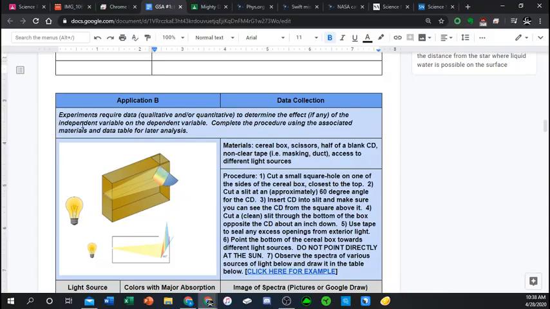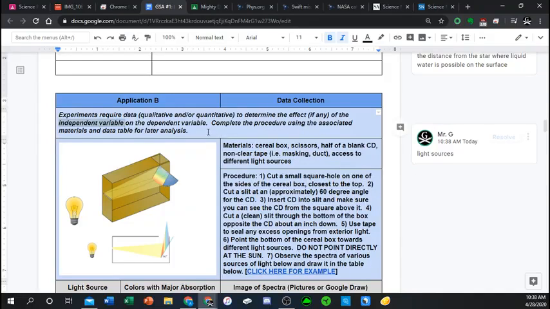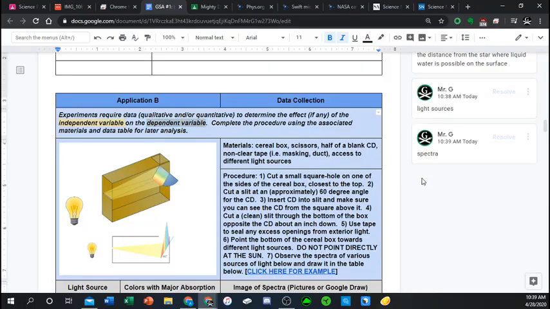Our independent variable is going to be light sources. Our dependent variable is going to be the spectra. So, let me just make that as a comment so you see that. Independent variable, the different light sources, and then the dependent variable, their spectra. Complete the procedure using the associated materials and data for later analysis.